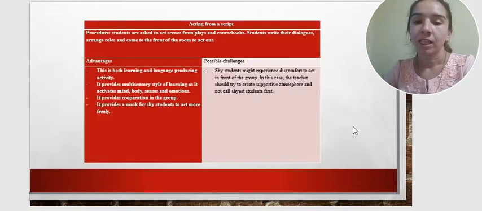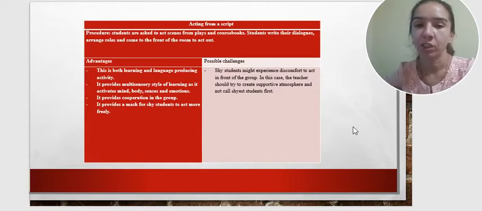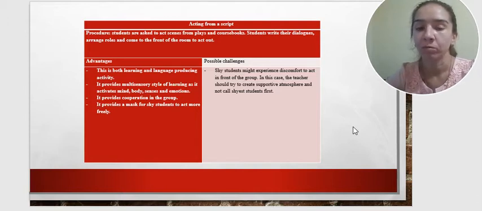So there are several activities that could be used for speaking to make it more effective and more interactive in nature. The first is acting from a script. So students are asked to act scenes from plays and course books. Students write their dialogues, arrange roles, and come to the front of the room to act them out.